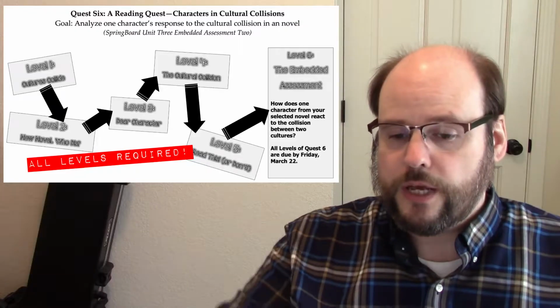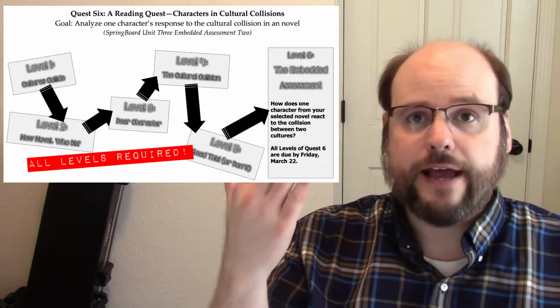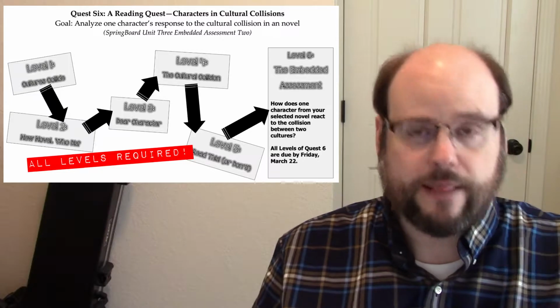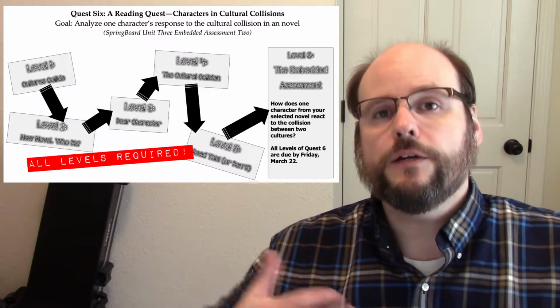Now, the one thing that all of these books have in common is that there is a collision of cultures. There's a character, it might be the main character, but they have their own cultural identity, and then along comes some other cultural force, and boom, the cultures collide.